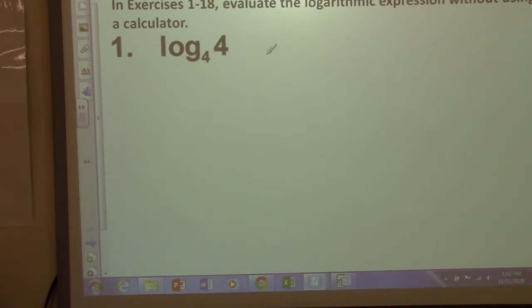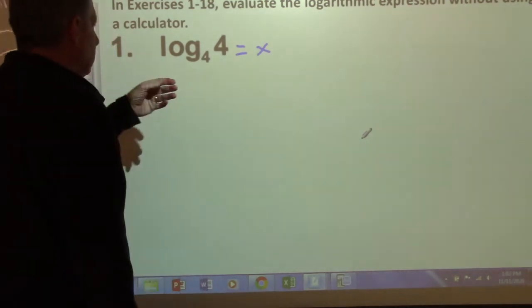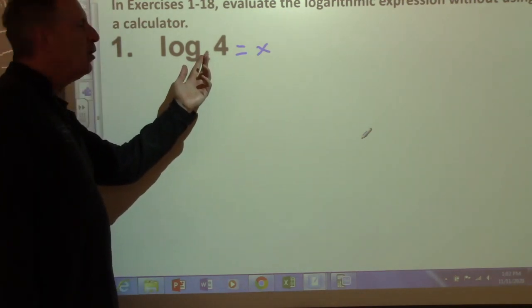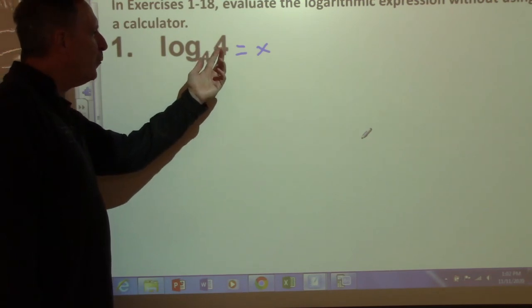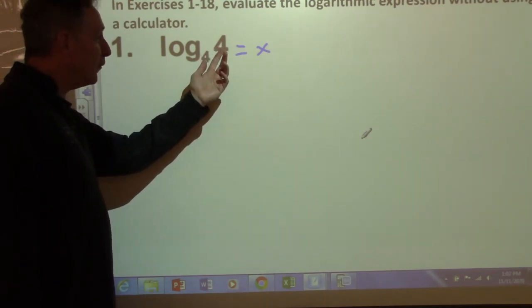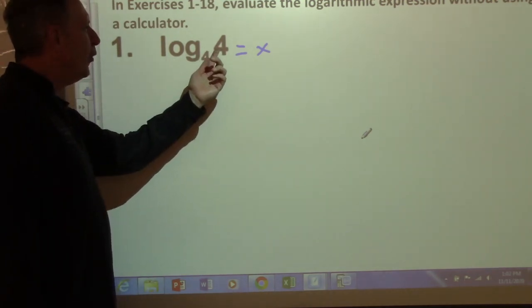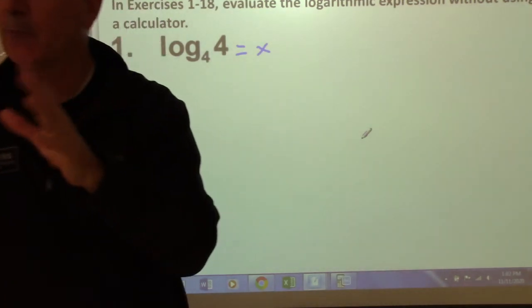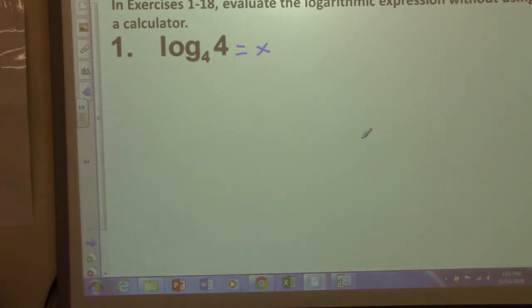What I like to do for these problems is set them equal to x and then work from there. A logarithm is the answer to the question: this base of a logarithm, in this case 4, raised to what power is equal to 4? 4 to what power equals 4? 1. So the answer to this problem is 1, just based on that logic.